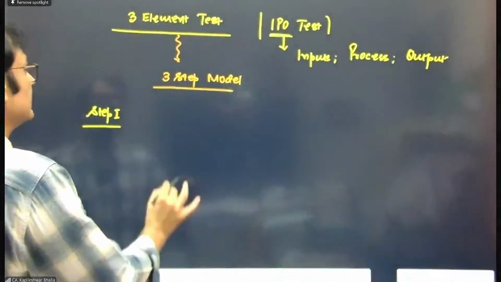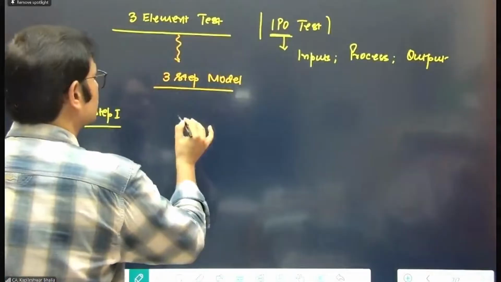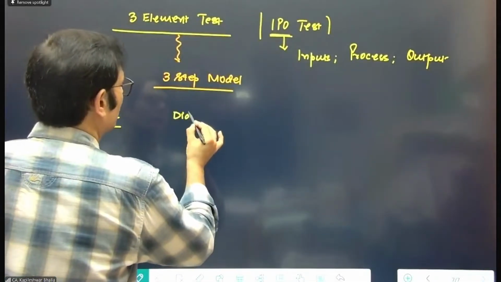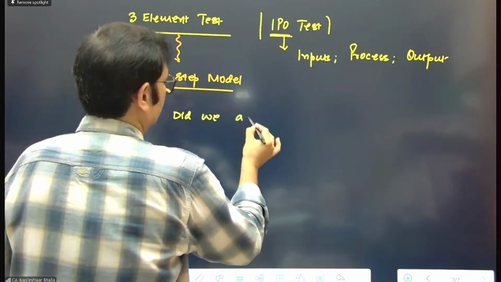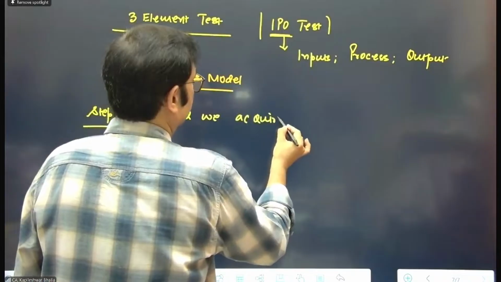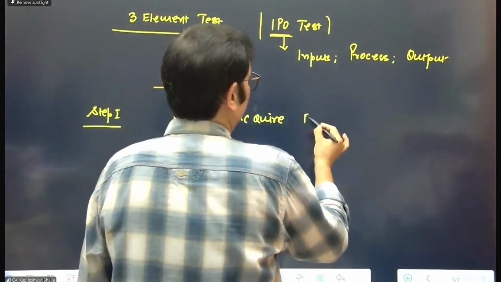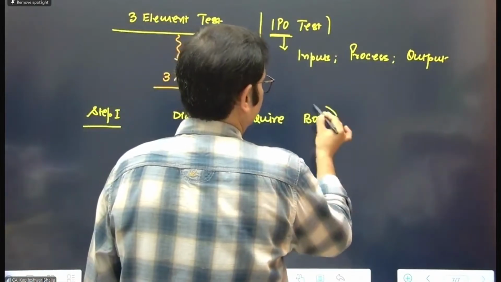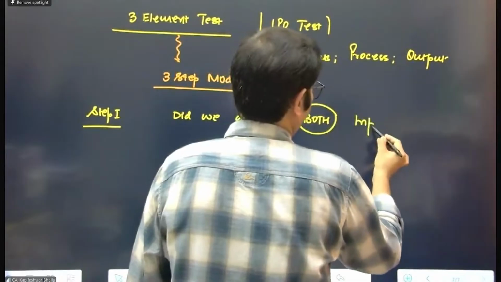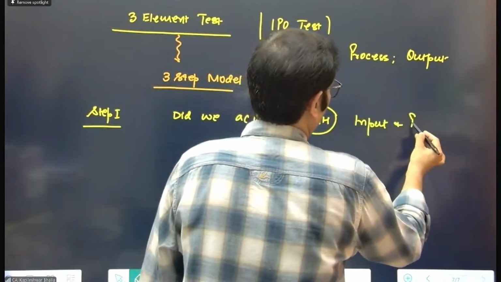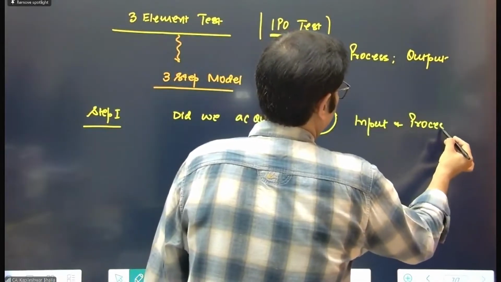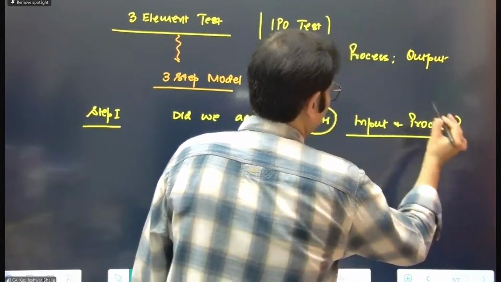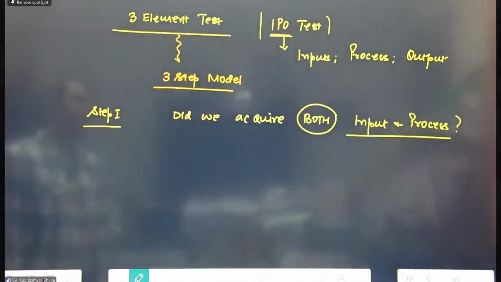So first of all, in step one, we will only ask ourselves a question: did we acquire both input and process, not the output. The focus in step one is not on the output.